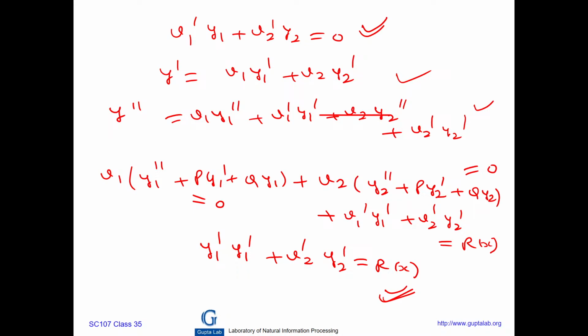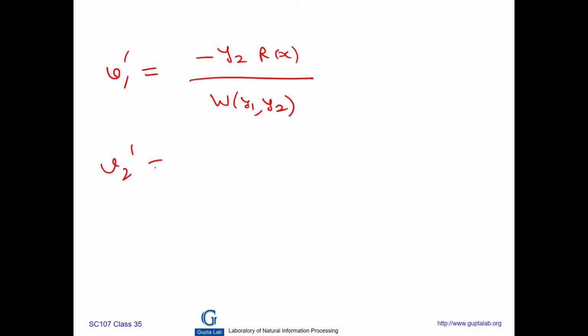Here we are going to use some method which you know from your high school. v1 prime is equal to minus y2 times rx divided by W of y1 y2, Wronskian of y1 y2, and v2 prime is equal to y1 times rx divided by Wronskian of y1 y2.